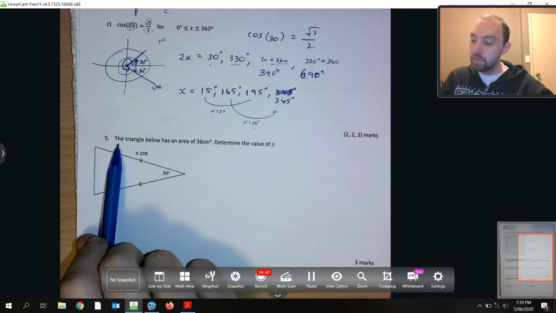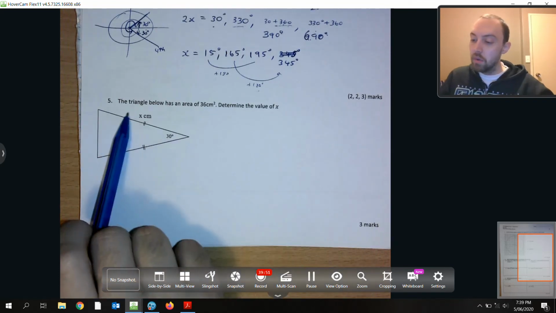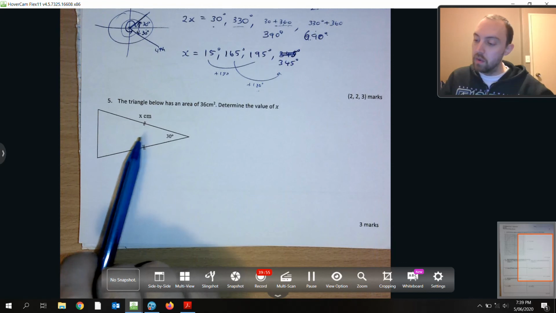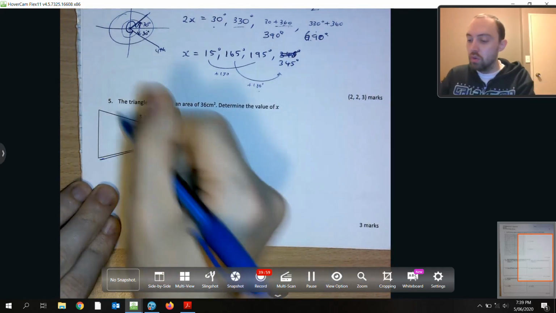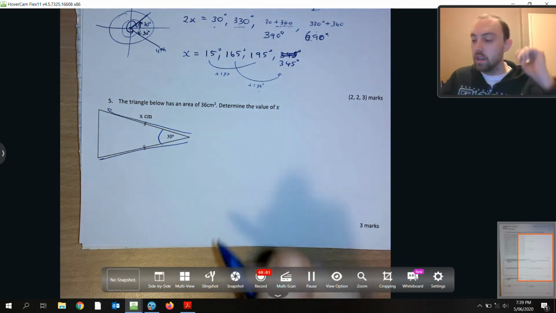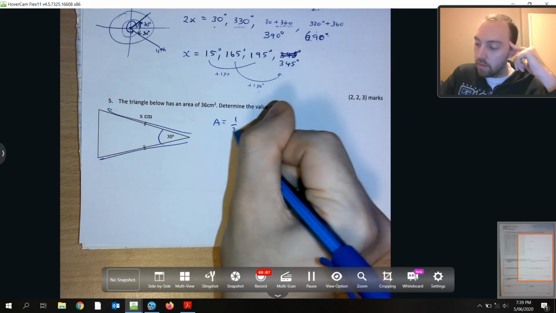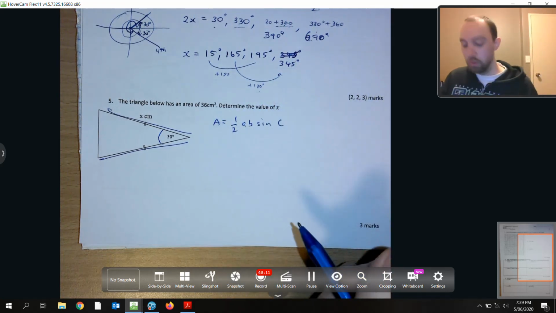So, question 5. The triangle below has an area of 36 centimeters squared. Determine the value of x. Well, I have two sides and the angle between them. Okay, this is sounding a lot like my half a b sine of C rule here.